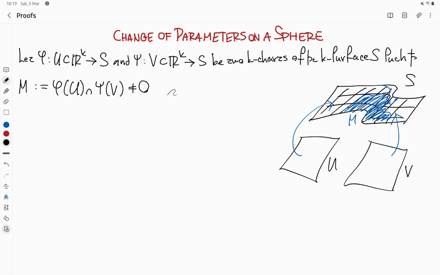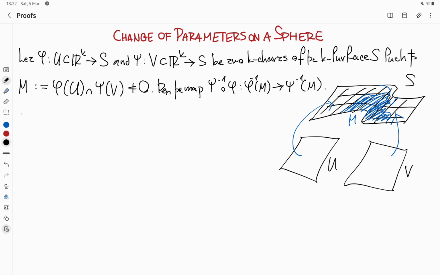Now, finally, we get to the claim. So then the map, and it is xi inverse composed with phi, which maps phi inverse of M, obviously, to xi inverse of M by construction.